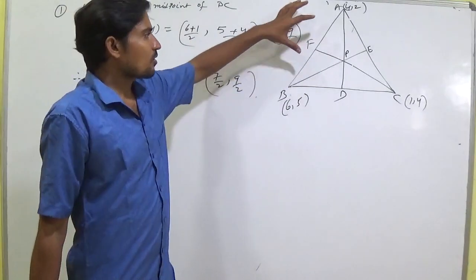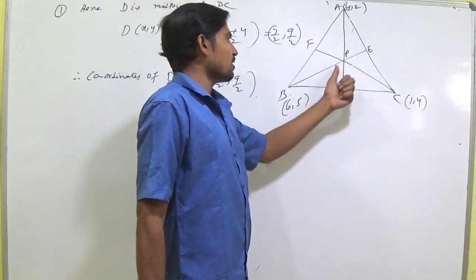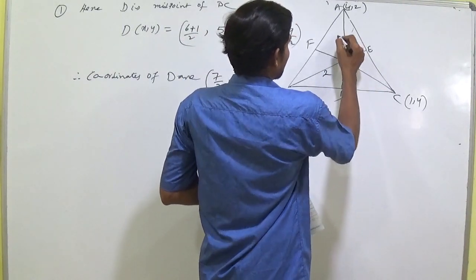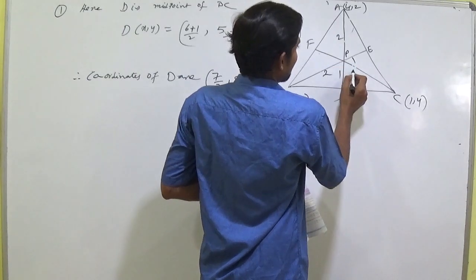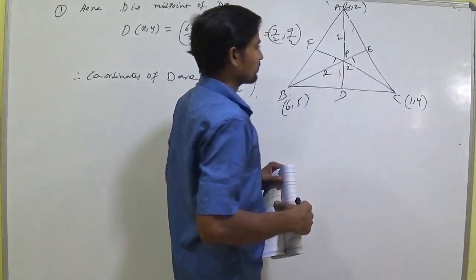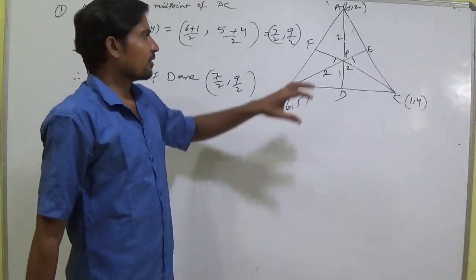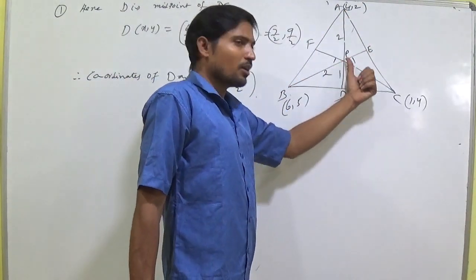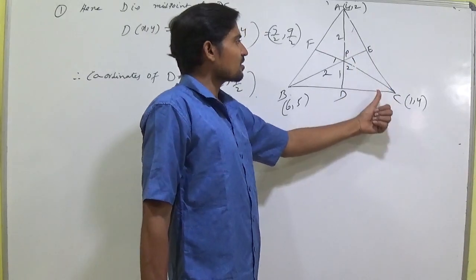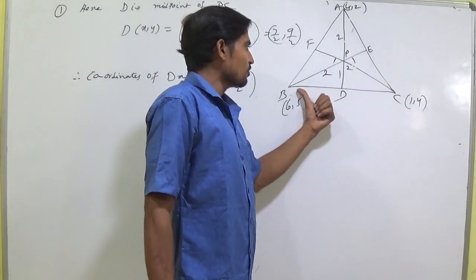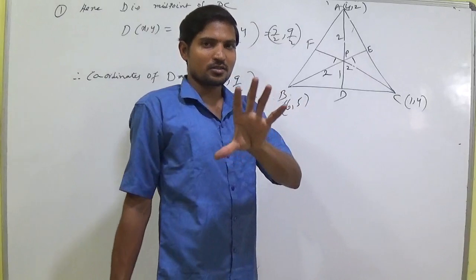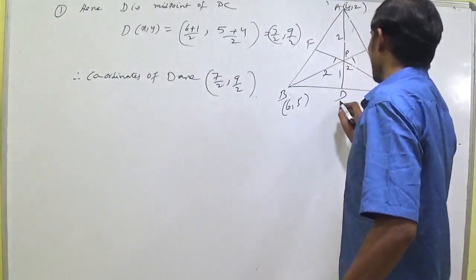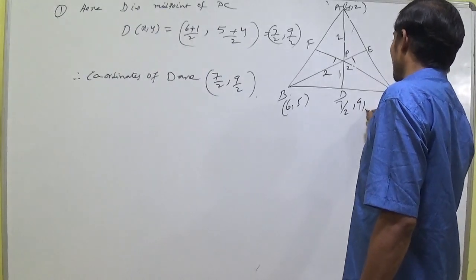Understand? So P divides AD in the ratio 2:1, this is also 2:1, this is 2:1. Like that, you have to find the coordinates of P using AD, using CF, using BE. To find that, D coordinates I got here (7 by 2, 9 by 2).